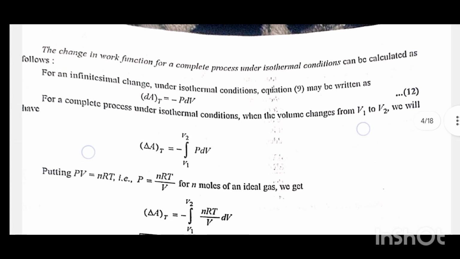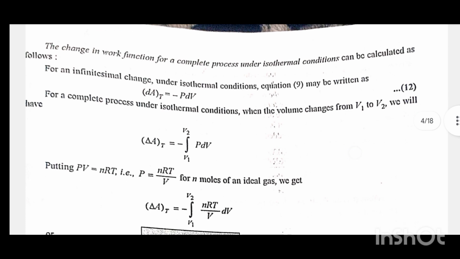The change in work function for a complete process under isothermal condition can be calculated as follows. For an infinitesimal change under isothermal condition, equation 9 may be written as dA at constant temperature is equal to minus PdV. For a complete process under isothermal condition, when the volume changes from V1 to V2, we will have delta A at constant T is equal to minus integral V1 to V2 PdV.